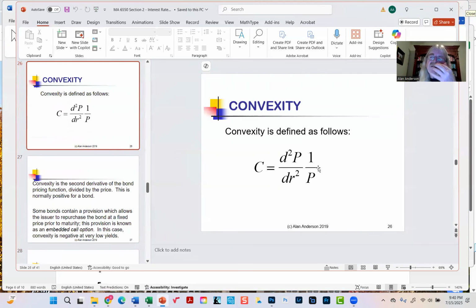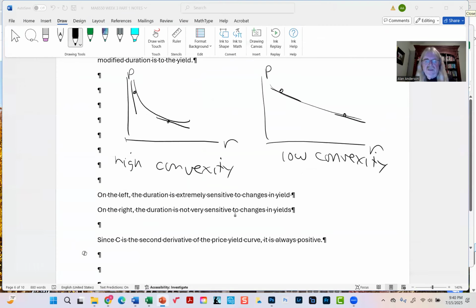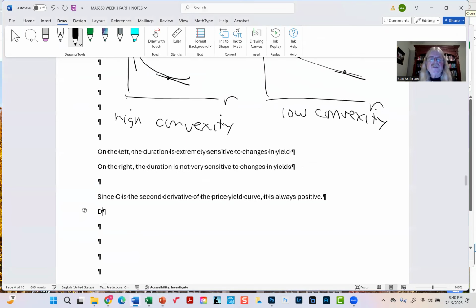Now, by the way, between the two of these, duration is far more important. It's a measure of bond price sensitivity, or I should say, its sensitivity to interest rate risk.